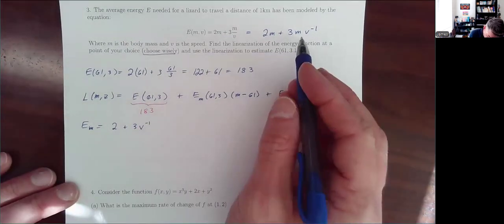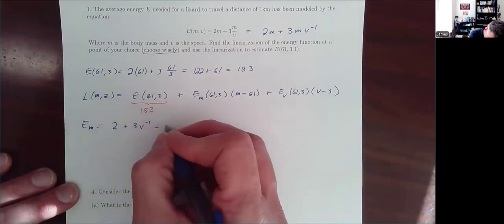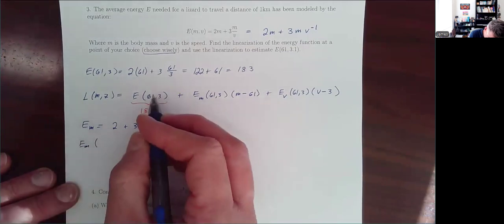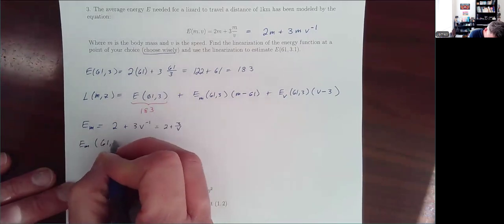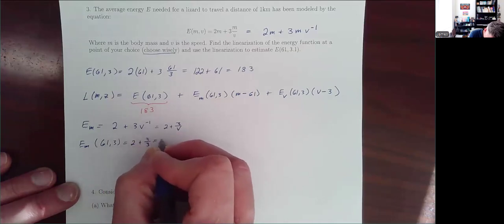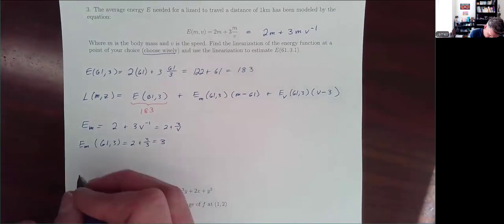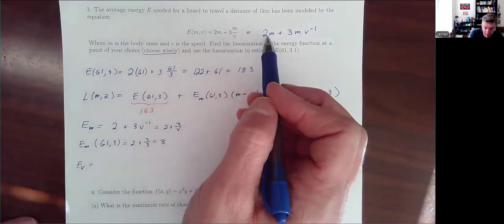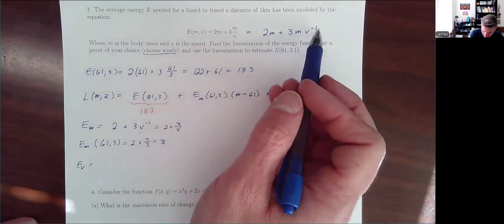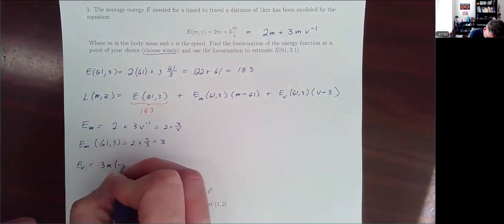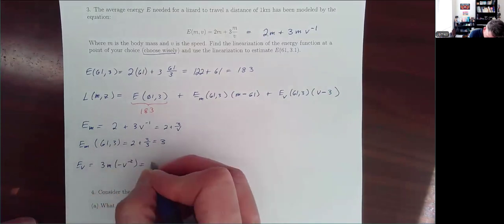So if I plug in my point, 61, 3, it's going to be 2 plus 3 divided by 3, which is 3. A lot of 3's. And then my partial with respect to v is going to equal 0 plus 3m times -1 times v to the -2. So it's going to be 3 times m times -v to the -2, or if you prefer, -3m over v squared.